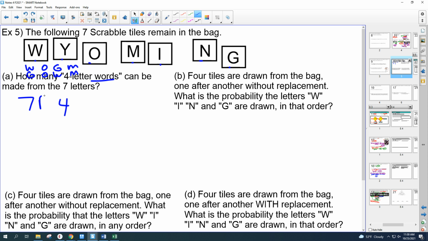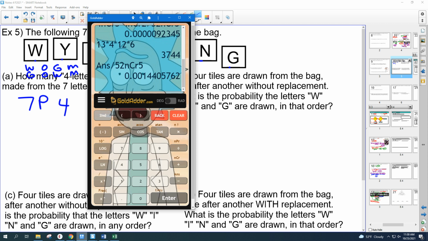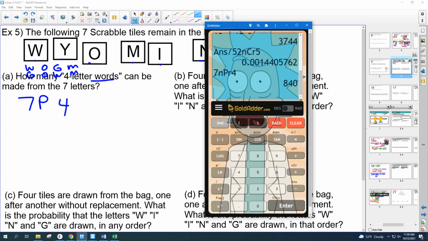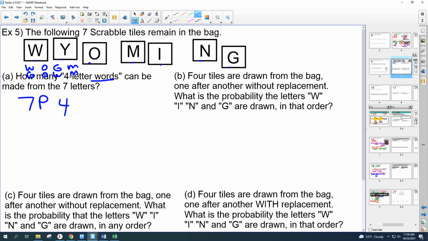And so yes, order matters in this case. That's a permutation. This is a 7p4. 7p4 is 840. Not probability, just counting. How many?